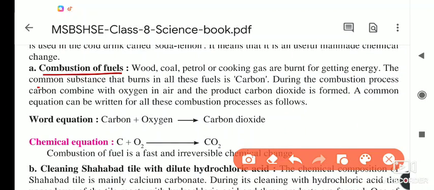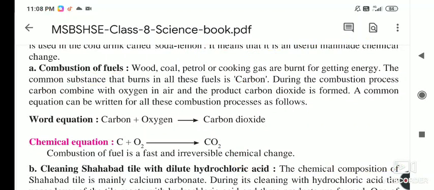The common substance that burns in all these is called carbon. Wood contains carbon, coal is carbon, petrol also contains carbon, and cooking gas also has carbon as a main component.